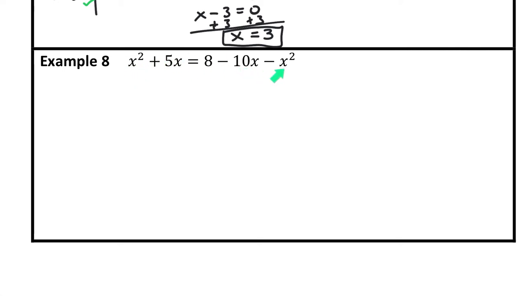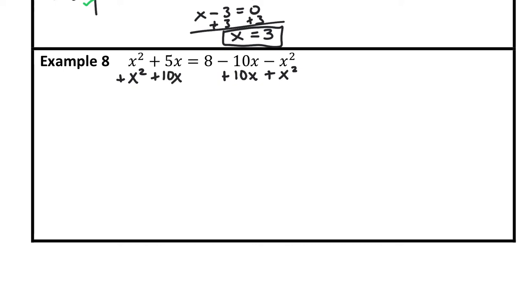Again, I also want to make sure that the x squared terms are positive. So I'm actually going to add x squared. And I'm going to add 10x.